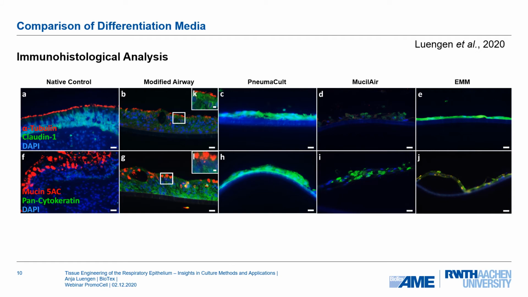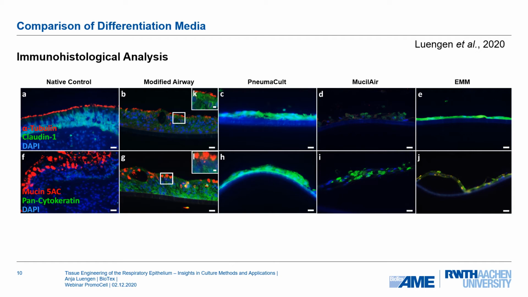Immunohistological analysis was performed with antibodies against 4 different epithelial markers. As can be seen in the native control on the left, alpha-tubulin staining confirmed presence of cilia. Claudin-1 was used as a marker for barrier formation, and mucin 5AC staining showed mucus production, while pan-cytokeratin staining showed presence of a broad range of cytokeratins as a less specialized epithelial marker.